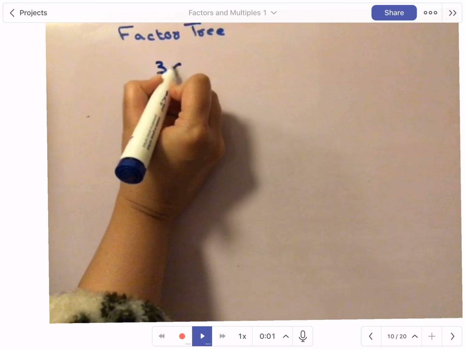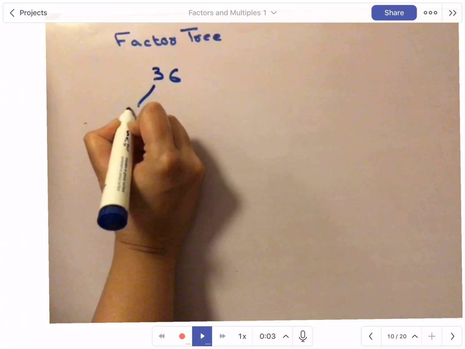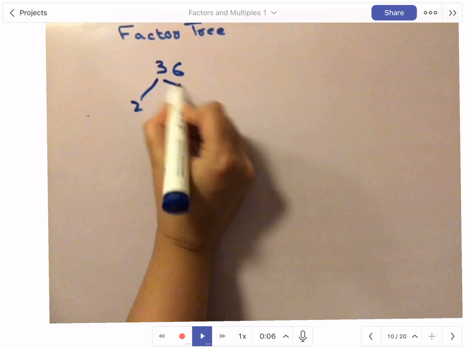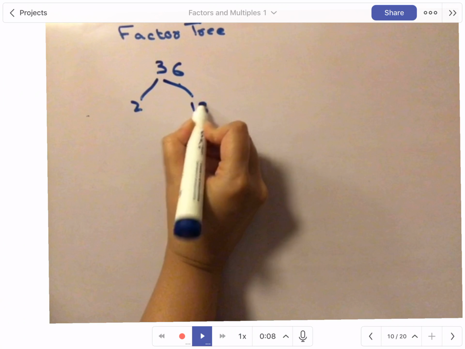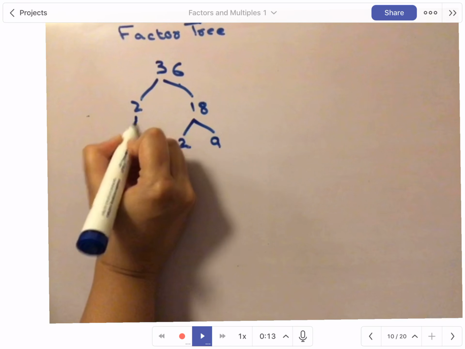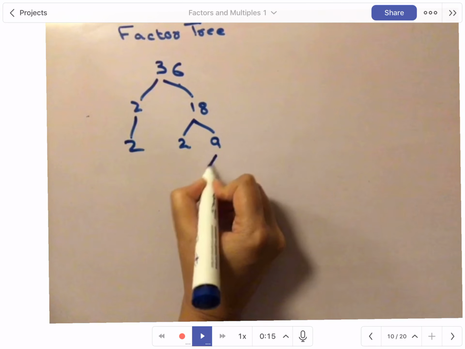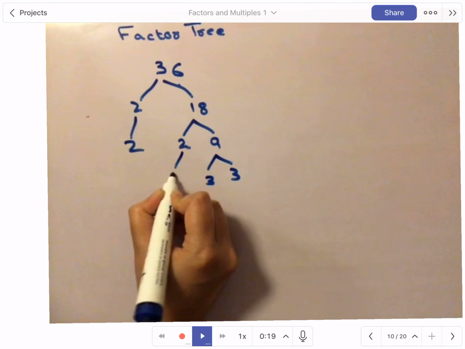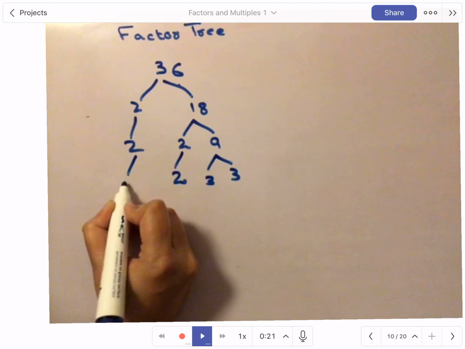Let's decompose a composite number into prime factors. If I take the number 36, I want to find its prime factors. The first method is called the factor tree, in which you do the prime factorization like this.